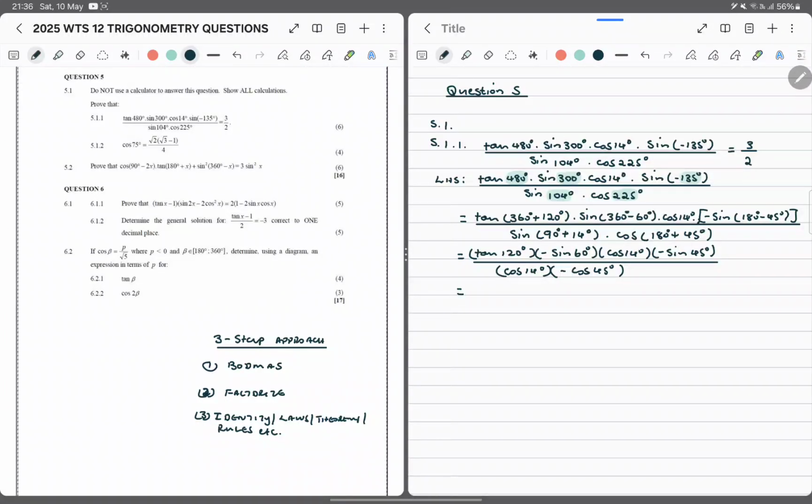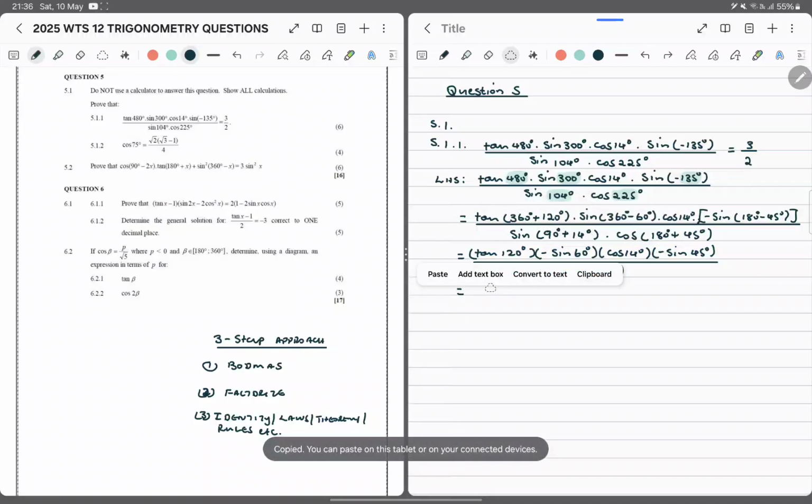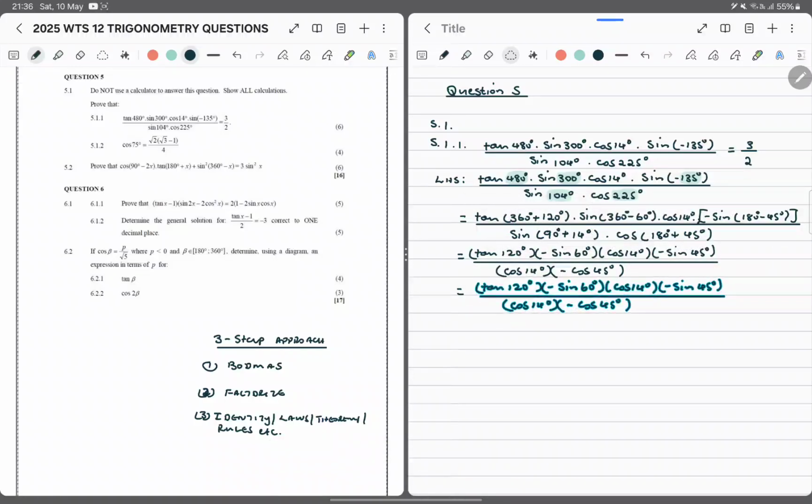This is equal to, now we can reduce this, but now we know this is 180 minus 60, but I'm going to just ditch that part for now. So we have, what I'm going to do, I will just copy this. Of course, for you guys, there's a lot of writing. For me, is to use the technology.